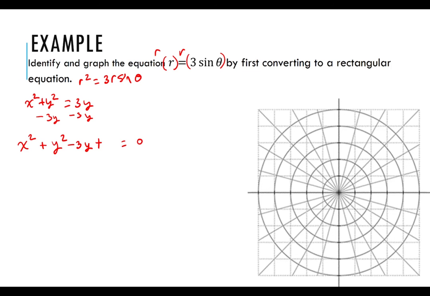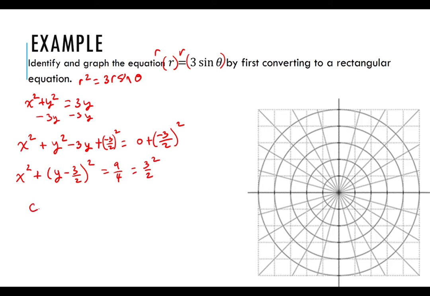Then we need to add b over 2 squared. So that's going to be negative 3 over 2 squared to both sides. Then this factors nicely as x squared plus y minus 3 over 2 quantity squared, which is then equal to 9/4. Or of course 9/4 could be written as 3/2 squared.